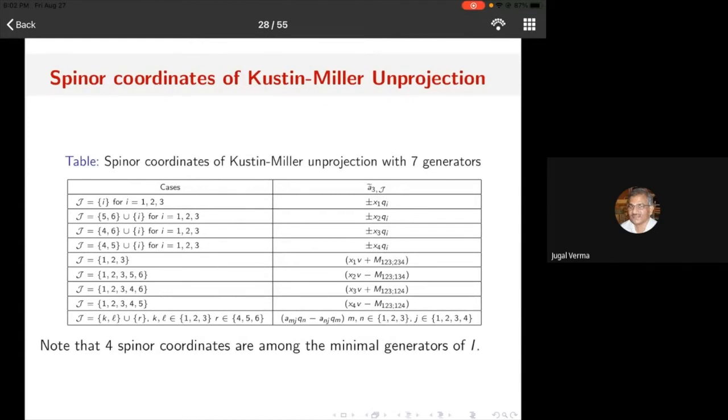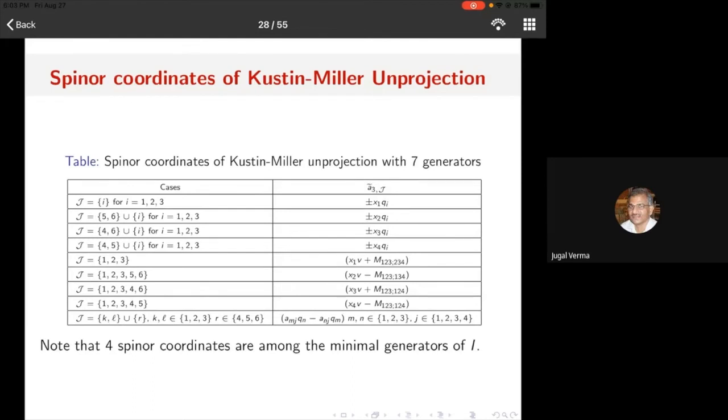So in the 7-generator case, 4 of the Spinor coordinates are among the minimal generating set of the ideal, and the others are all linear combinations of the minimal generating set of the ideal. This family was the only known family of grade 4 Gorenstein ideals with 7 generators.